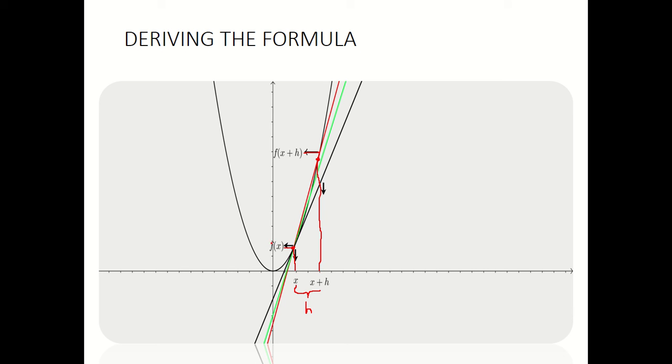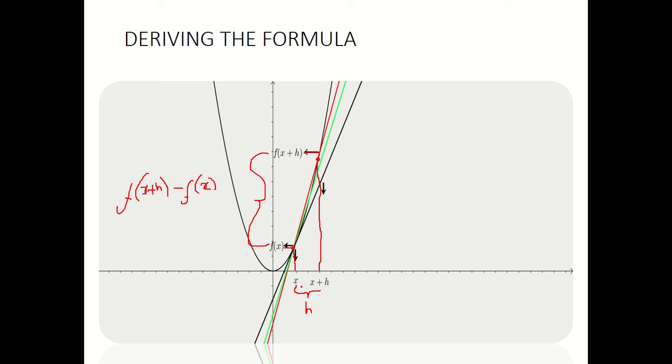All right, similarly here we don't know what the y value is, so the difference in our y value will be the distance between f of x plus h and f of x, which is f of x plus h minus f of x.